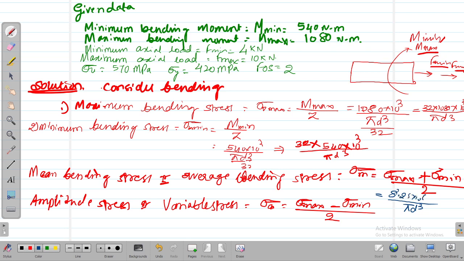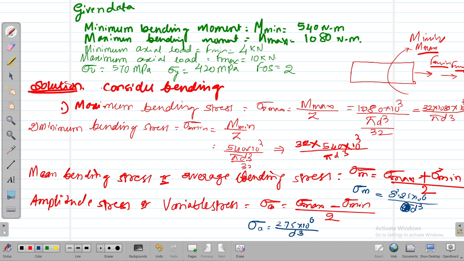This is sigma m. Yes. Next, what is the sigma a? 2.75 into 10 to the power of 6.